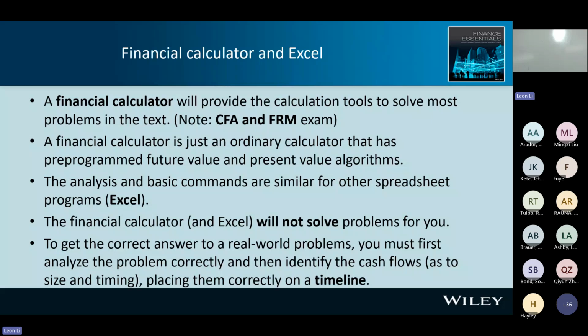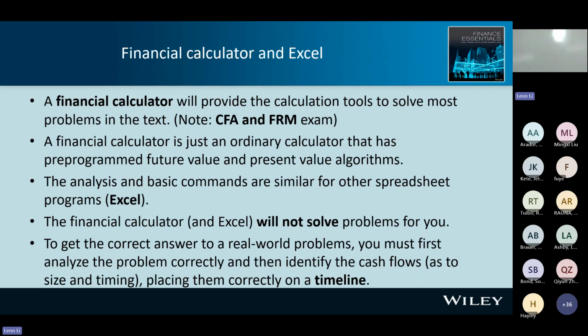So next slide, financial calculator and the Excel. To do the finance problem, you can use a financial calculator to do the calculation. So the financial calculator will provide the calculation tool to solve most problems in the test. If you are interested in the finance certificate, like a CFA or FRM, I encourage you to use a financial calculator.